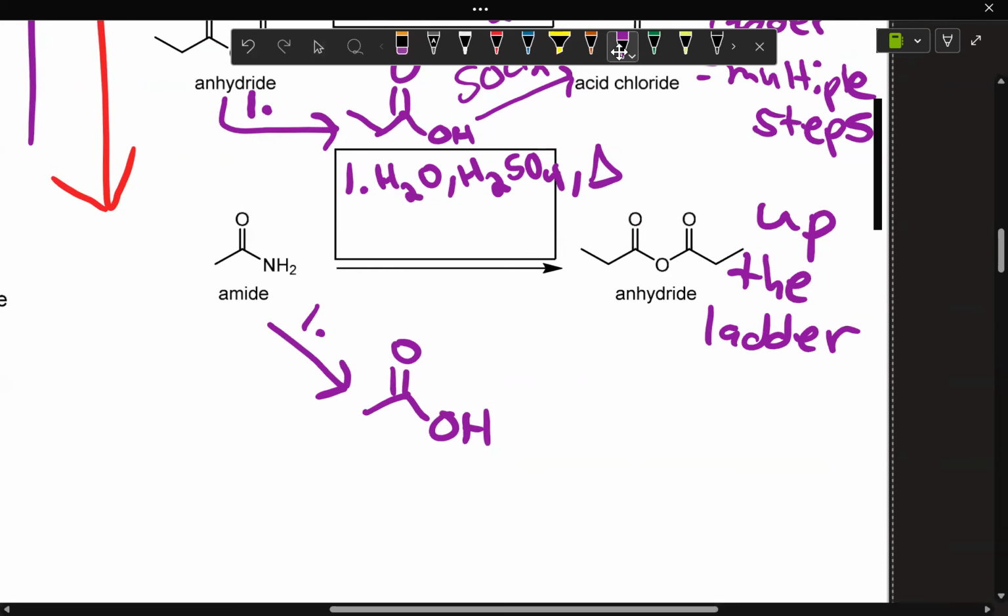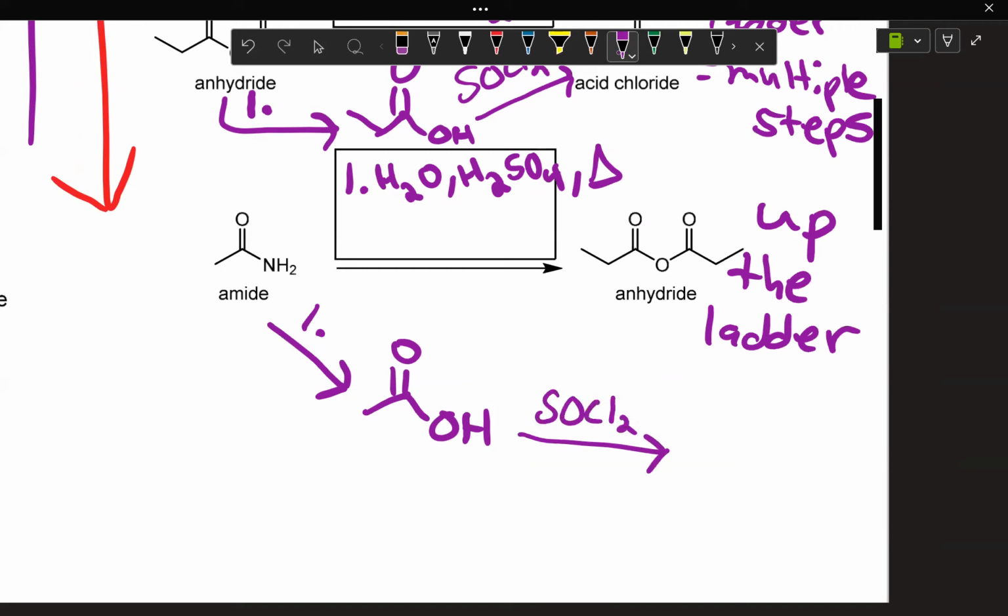Now we still need to get to the anhydride. We can't go directly carboxylic acid to anhydride because that would be going up the ladder. But in order to get all the way up the ladder, we can do thionyl chloride once again to get to our acid chloride, and from the acid chloride to the anhydride, that'd be going down the ladder, so that would be an easier reaction.